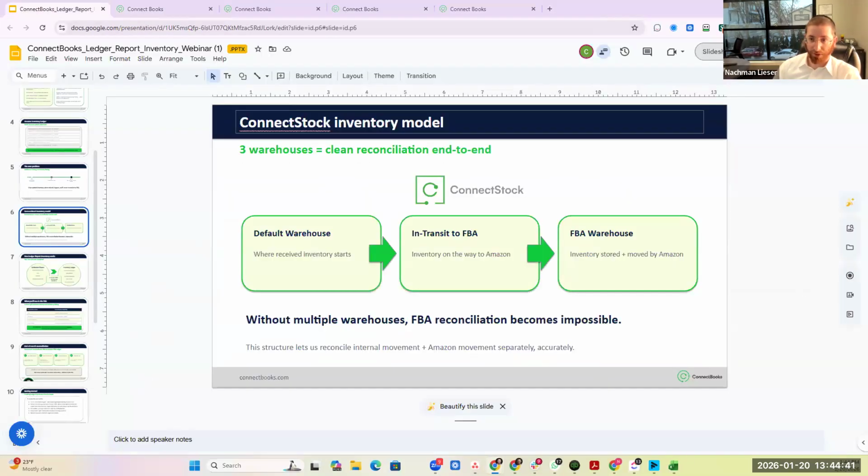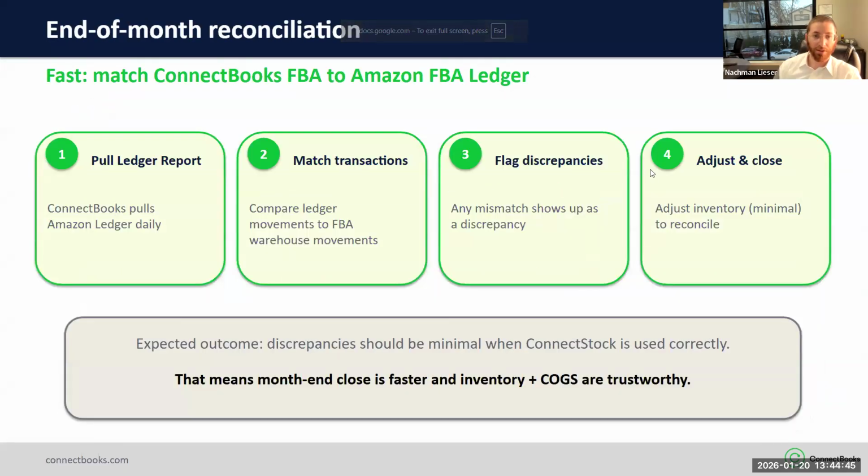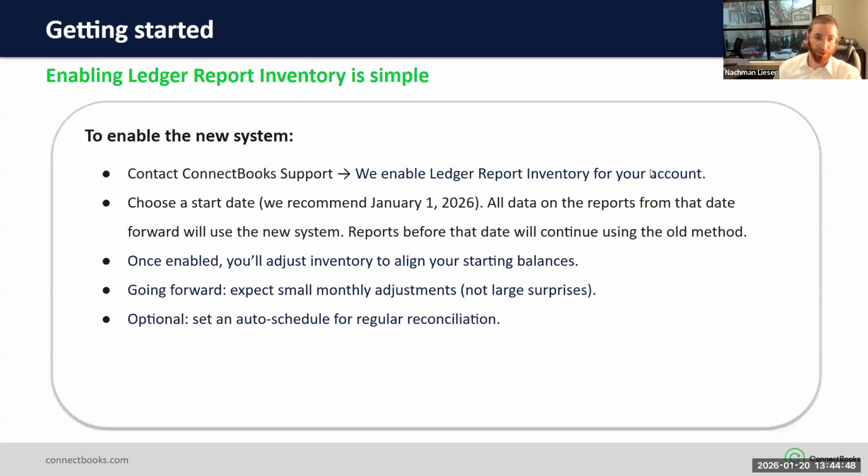So back to our slides over here. This is the idea we have. If anybody is looking to get this new system implemented, it's mainly for ConnectStock. So just reach out and open a chat on the website and ask to enable the ledger report for inventory.